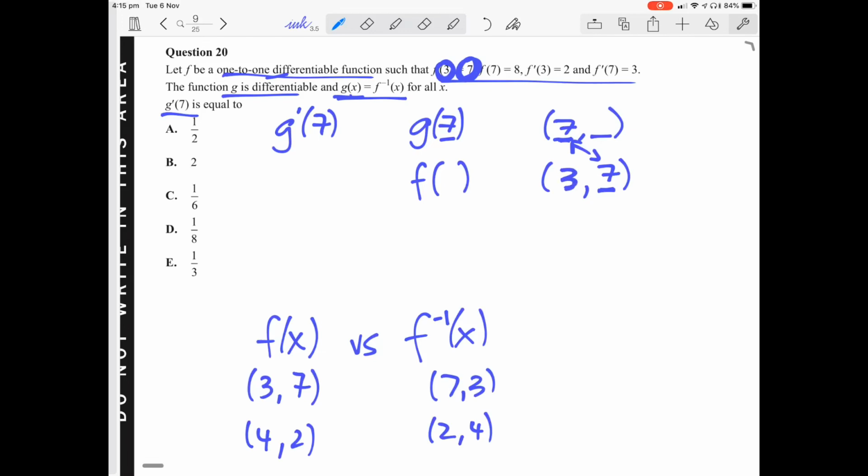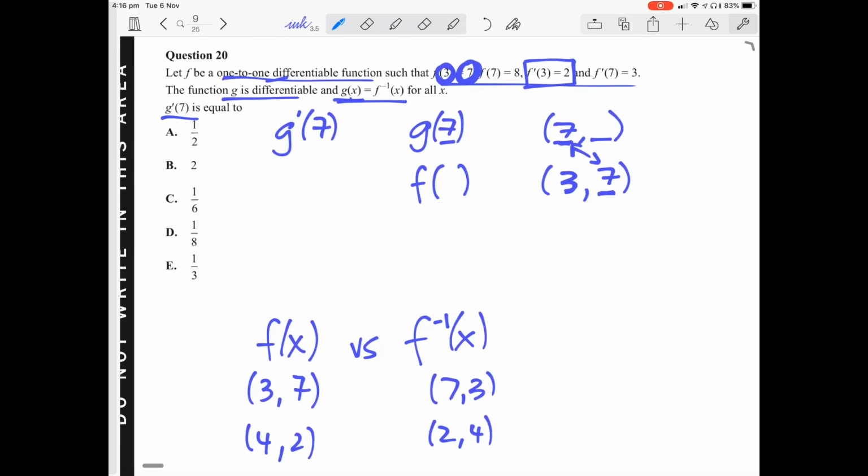So we can see what the gradient is when x is equal to 3. So f dash of 3 is equal to 2. It's written there. But that means that g dash of 7 is the reciprocal of that. So it is 1 on 2.